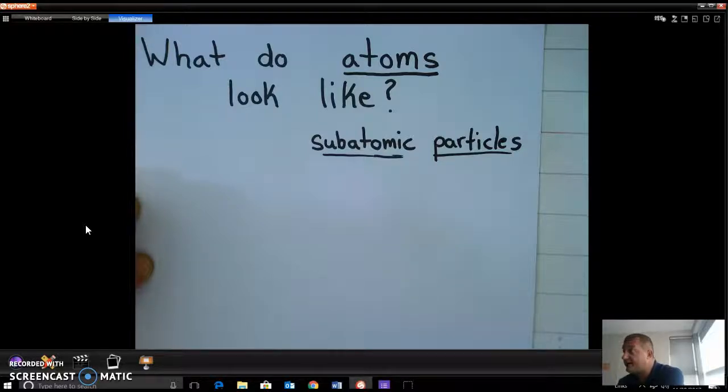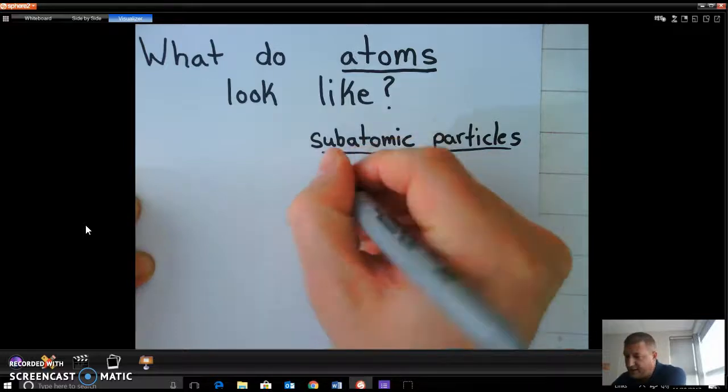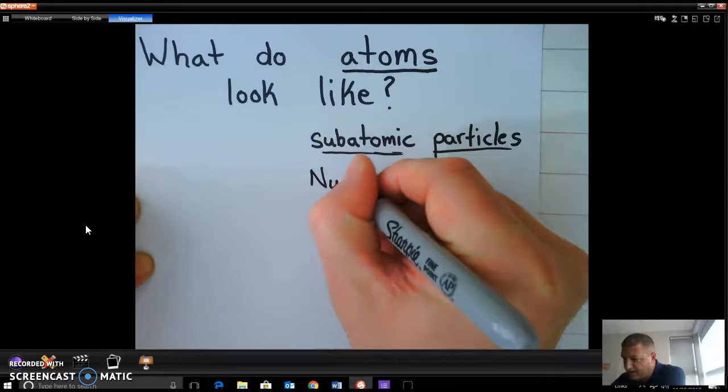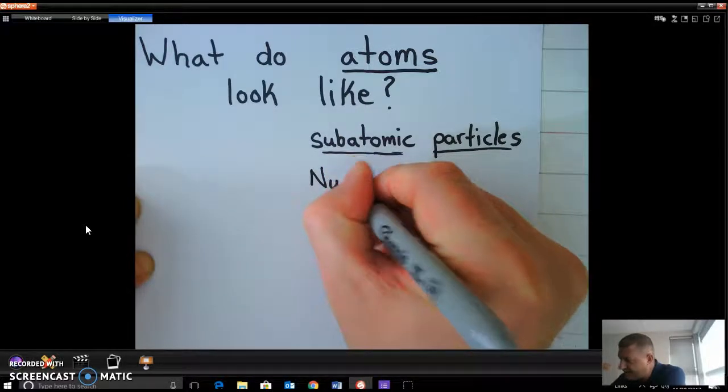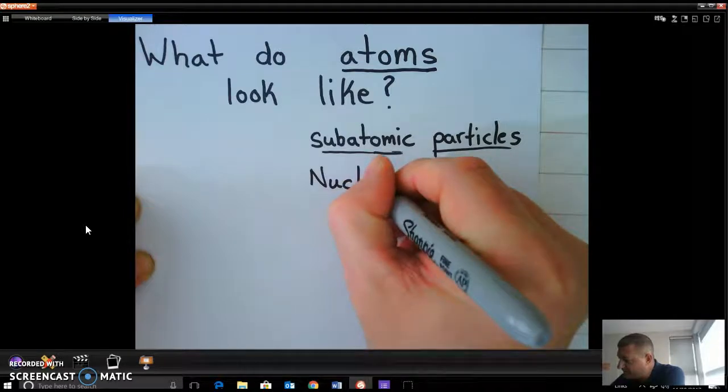You, me, everything, all pieces of matter, it's all made up of three particles. Now, on the very inside of the atom, there's something called a nucleus. Write this down. A nucleus. We refer to the nucleus as the center of the atom.